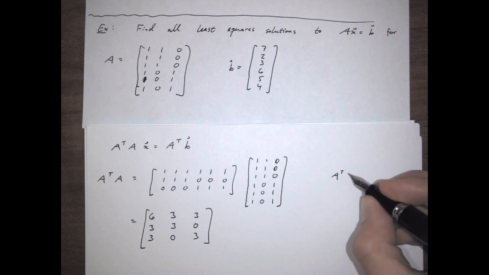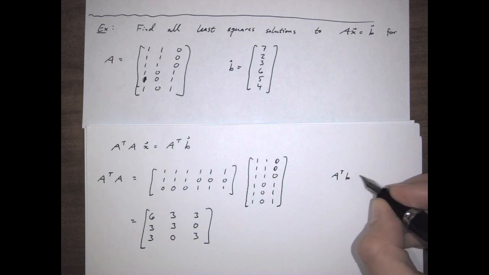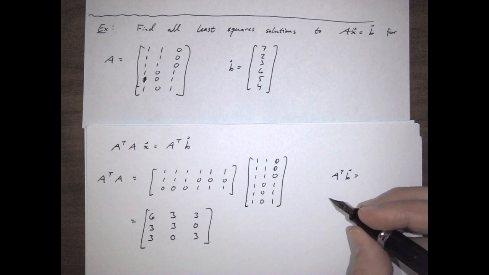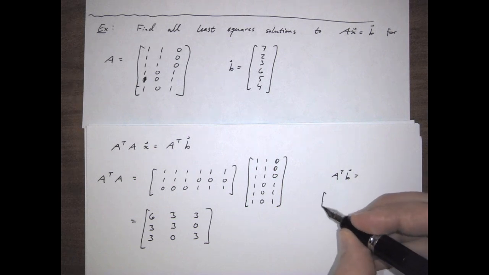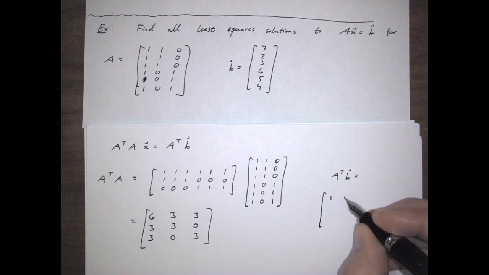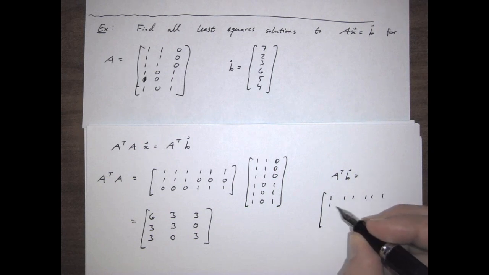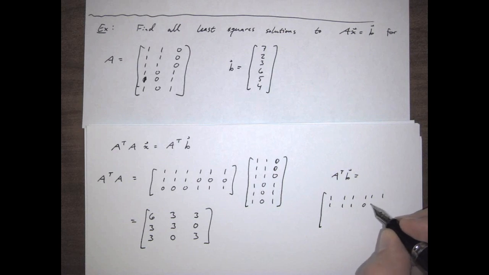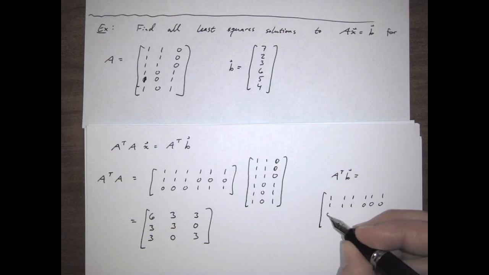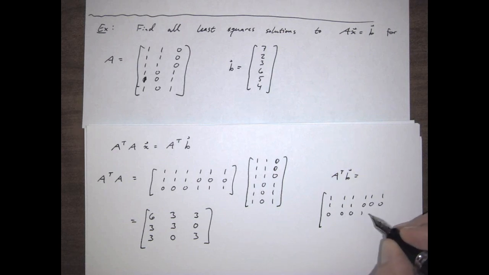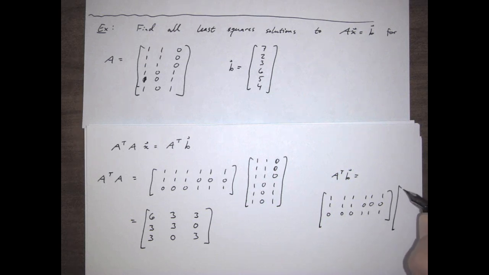Now for A transpose B, that's going to equal 1, 1, 1, 1, 1, 1, 0, 0, 0, 0, 0, 0, 1, 1, 1 times 7, 2, 3, 6, 5, 4.